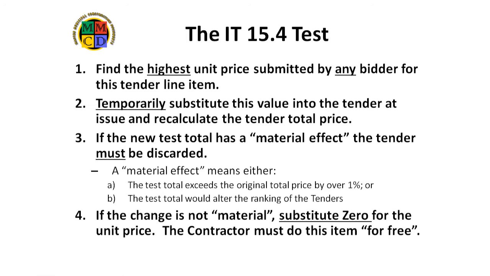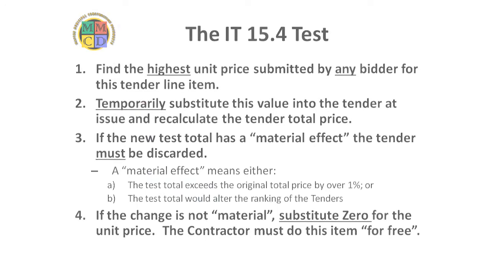A material effect means either A, the test total exceeds the original total price by over 1%, or the test total would alter the ranking of the tenders. Step 4, if the change is not material, the owner must substitute 0 for the unit price. Then, if awarded, the contractor must do this item for free.